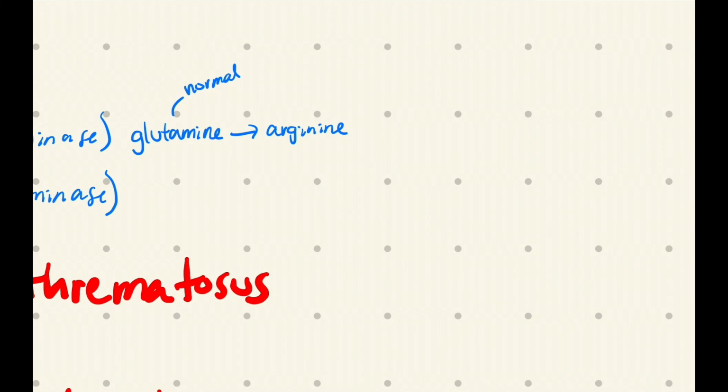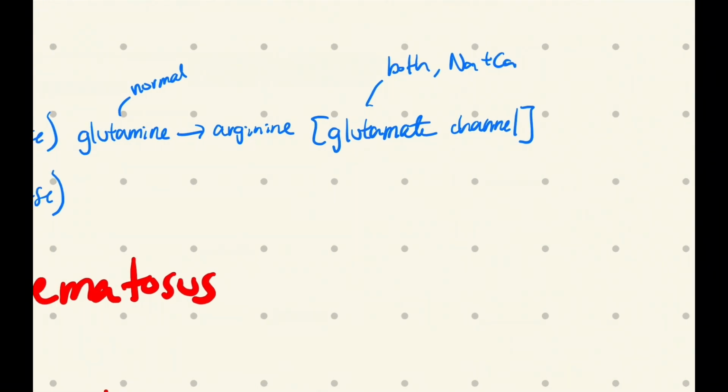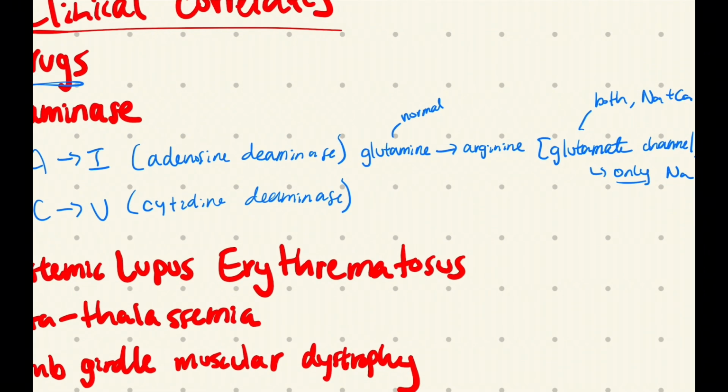Essentially this is going to affect your glutamate channel, which typically conducts both your sodium and your calcium. But now, because it's an arginine, this glutamate channel will only conduct sodium, okay? Which is a big problem.